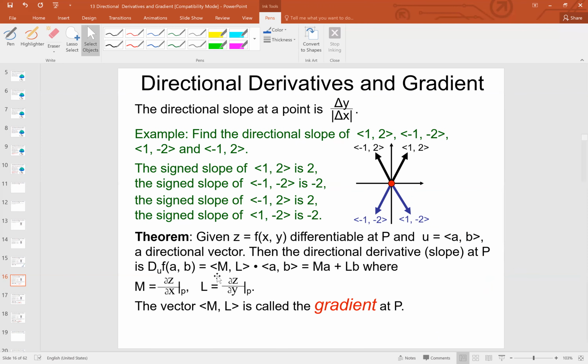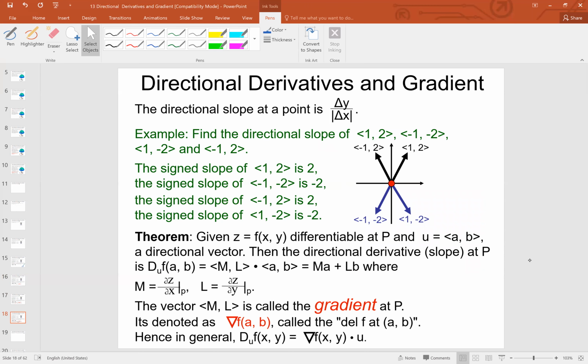And how do we get that? It's simple. You form the partial x, partial y. These numbers are the slopes m and l, and you form this vector, which is called the gradient. By the way, the gradient is denoted by this little triangle shape, called del. Del f is the gradient of f, and then you write down which point you are interested in, the point (a, b).